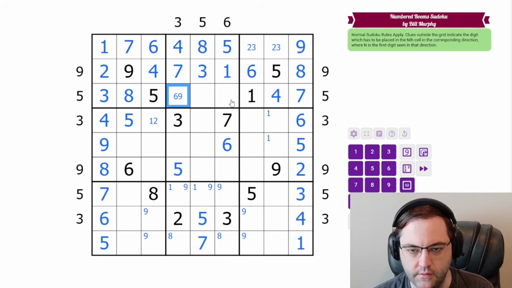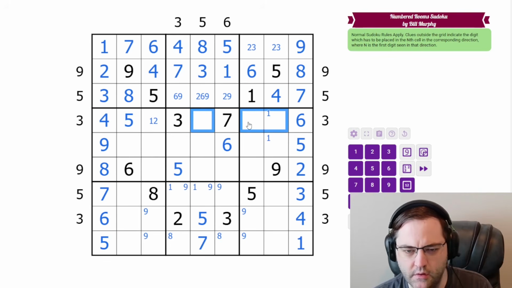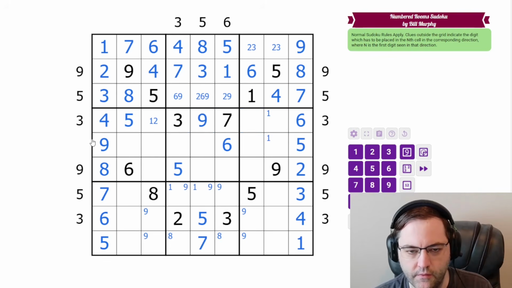Let's go ahead and mark these. 6 or 9, 2 or 9, 6, 2, 6, and 9. These are 9 in this row. We've got 9s here. These are 1, 2, 8, and they're not 2, so this is the 2, this is the 1, and this is the 8.